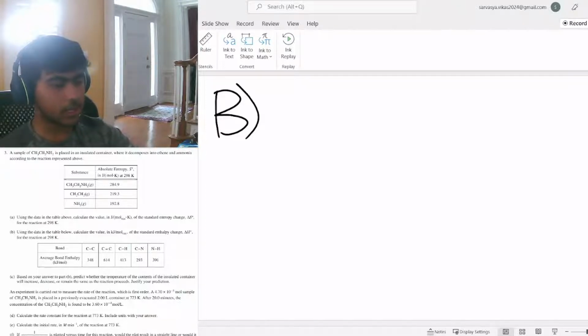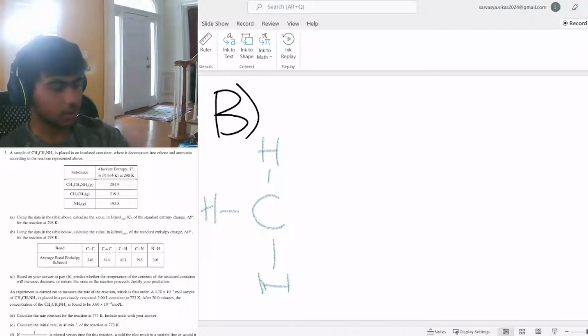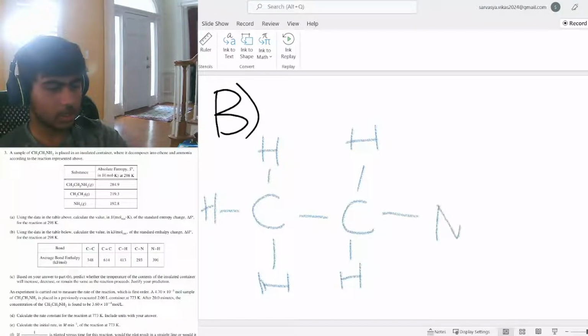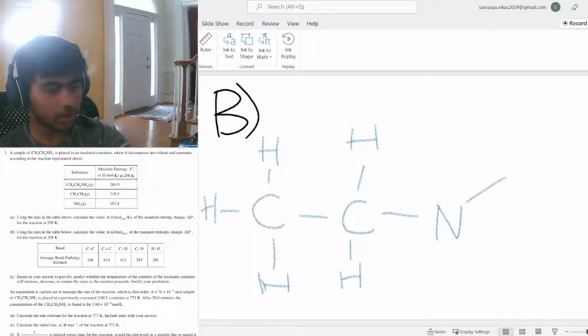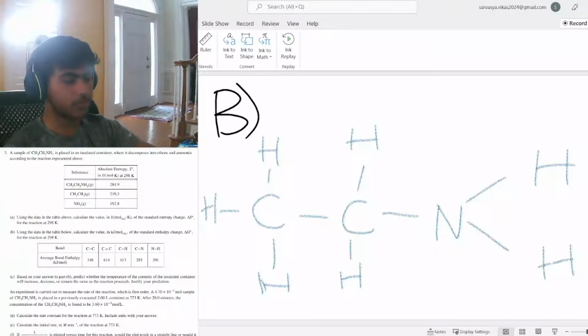So for the CH3CH2NH2, we have C with H, H, H, connected to this one, which has an H and an H, connected here to an N, which is connected to two H's. So that's going to be the CH3CH2NH2.